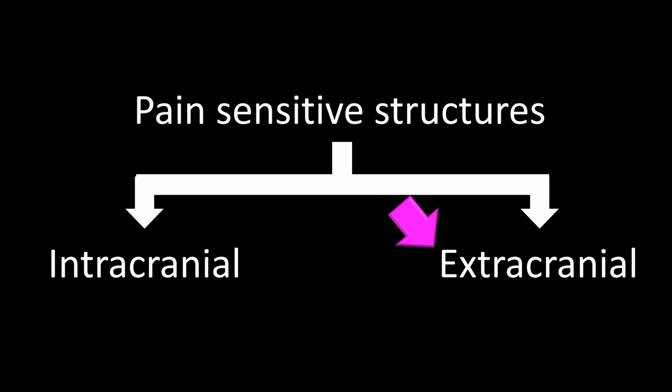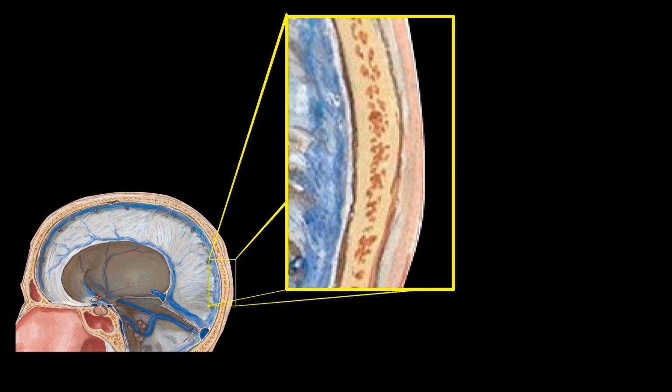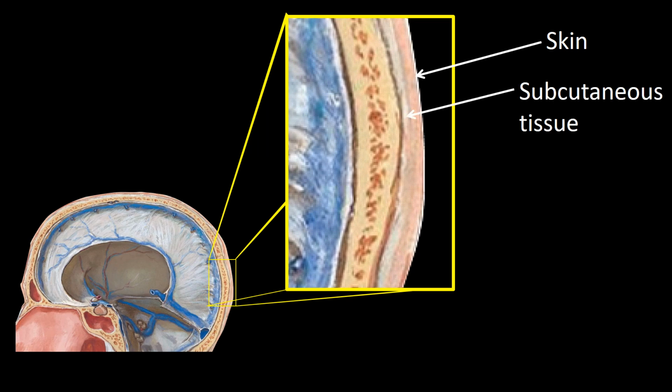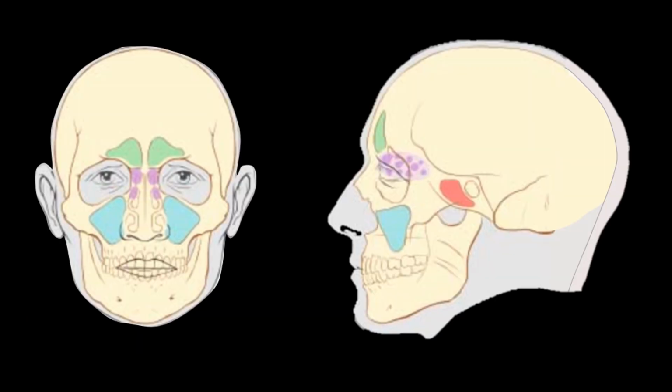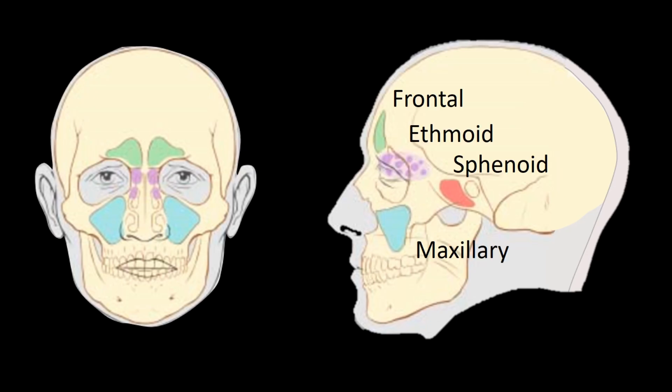Extracranial pain-sensitive structures are the skin, subcutaneous tissue, periosteum, and the bones. Sinuses are also pain-sensitive, including frontal, ethmoidal, sphenoidal, and maxillary sinuses.